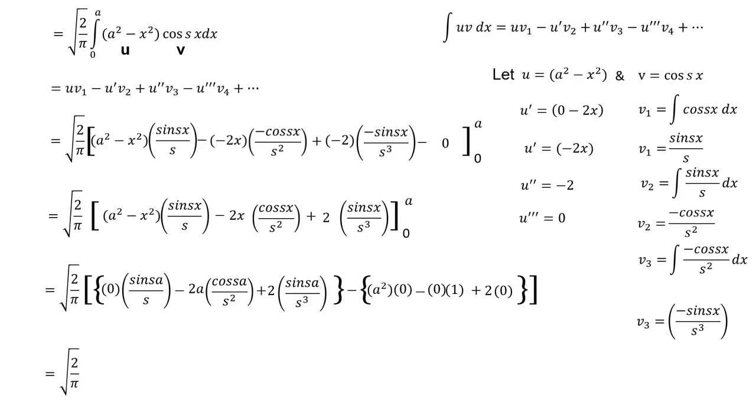Therefore we get only minus 2a cos sa by s² plus 2 into sin sa by s³, and in the second term, all the terms are 0. Therefore we get square root of 2 divided by pi times minus 2a cos sa by s² plus 2 sin sa by s³. And here the denominator is not the same.